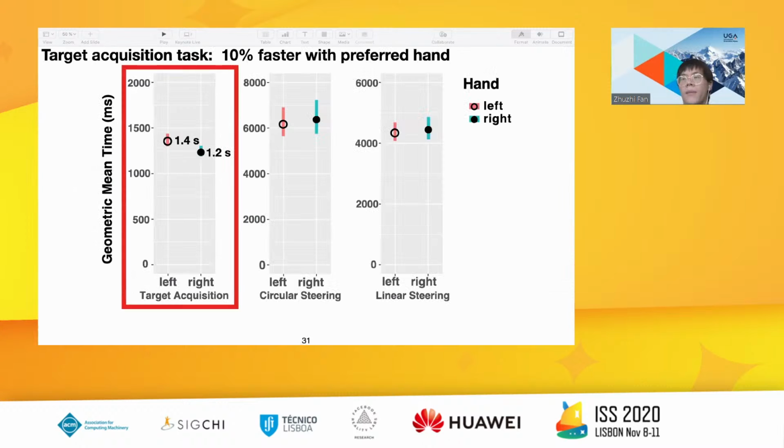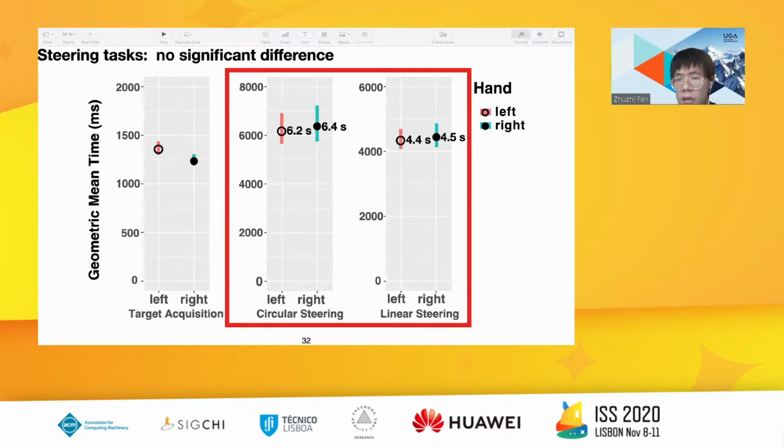Here is our result. From the left figure, we can find that participants' preferred hand was on average 10% faster in target acquisition tasks, with an average movement time of 1.2 seconds versus 1.4 seconds. In the two steering tasks, the difference was not significant.